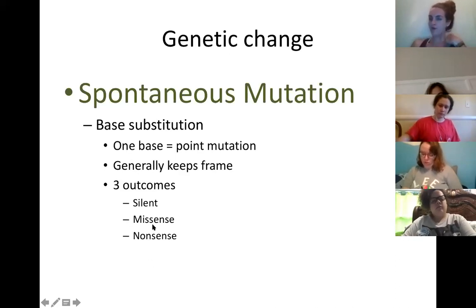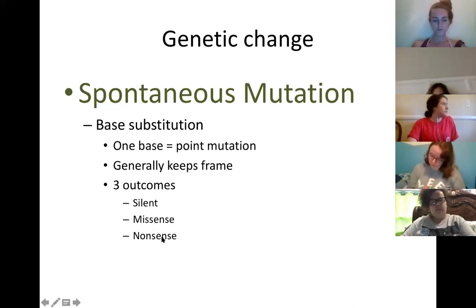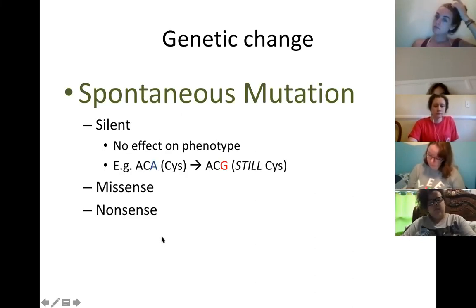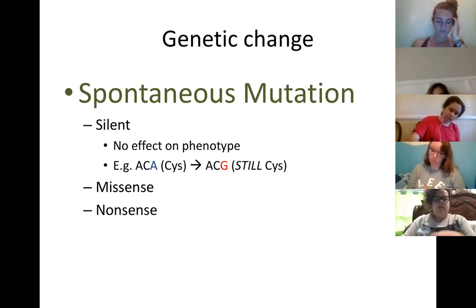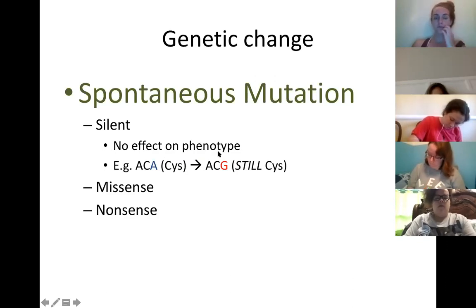So you have 3 outcomes, and you'll see this as the case in all types of mutations: silent, missense, and nonsense. So for a silent mutation, this is a change in genotype that has no effect on the phenotype.